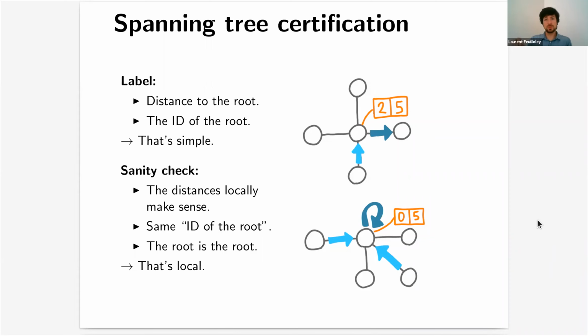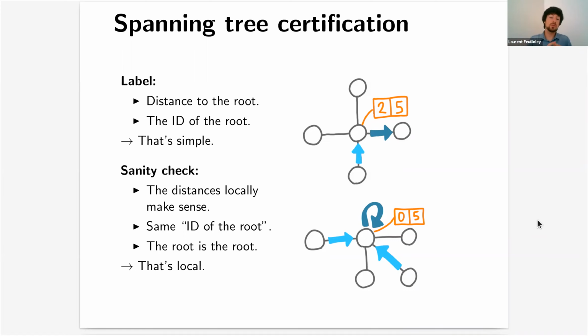It knows that it has a pointer to this other machine, and now I give it this additional information in memory, which is that its distance to the root when it follows the pointers is 2. So it means that if this machine could jump, it would jump two pointers to reach the root of the spanning tree. In other words, another way to see that is that it is given its depth in the spanning tree.